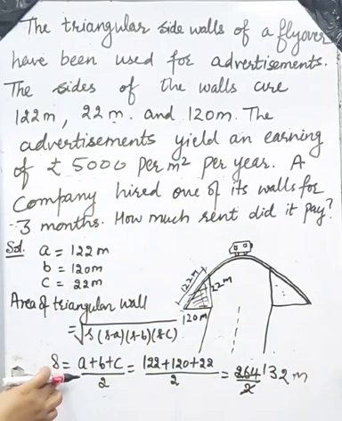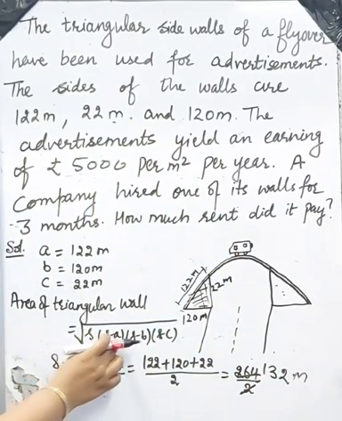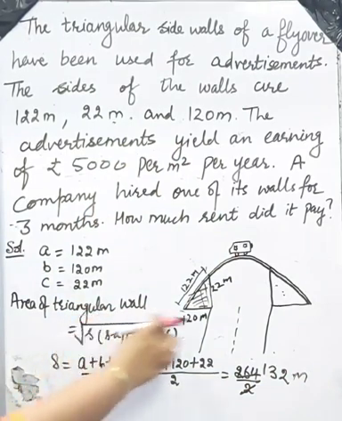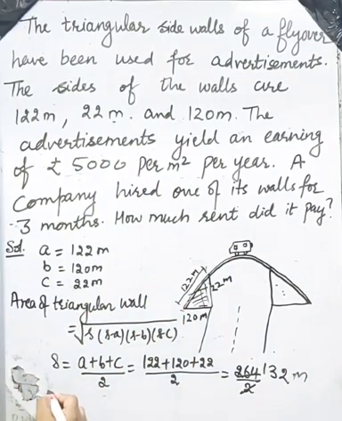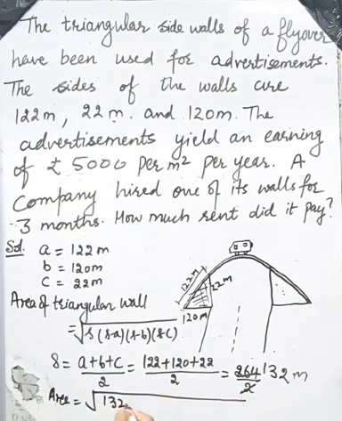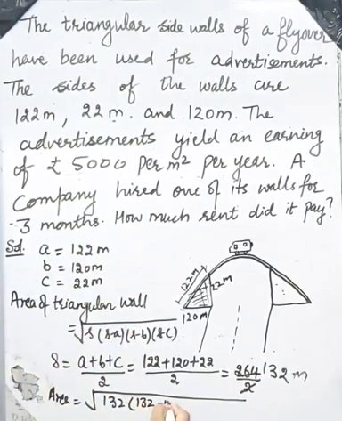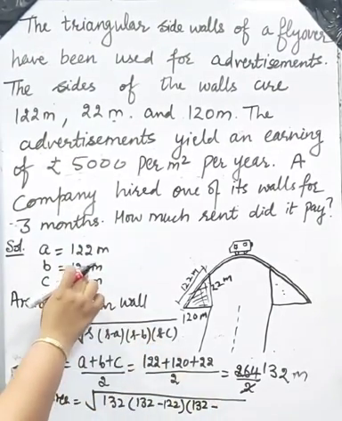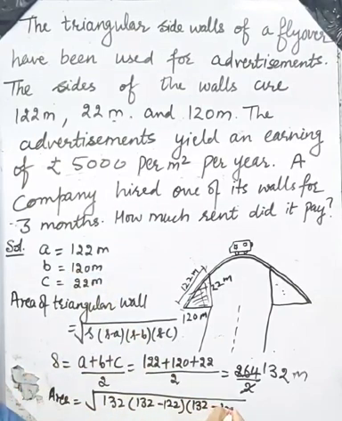Now we have to put the values of s, a, b, c under this square root. Area will equal under root 132, 132 minus 122, 132 minus 120 and 132 minus 22.